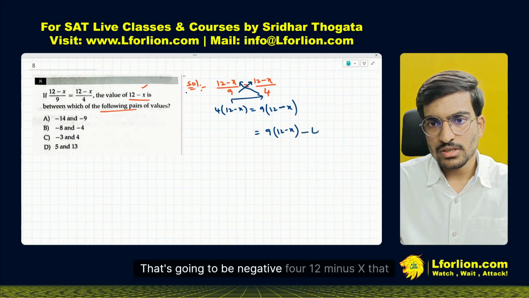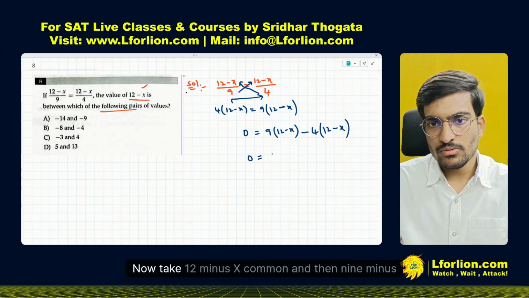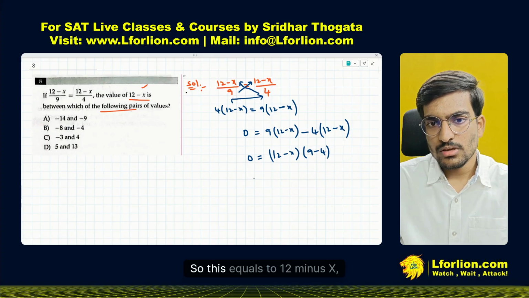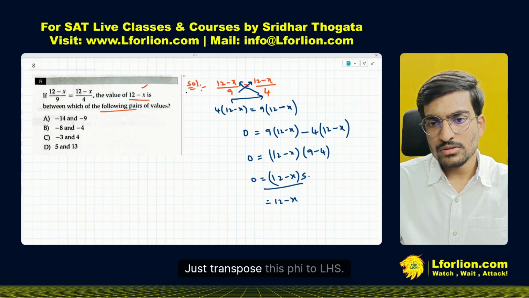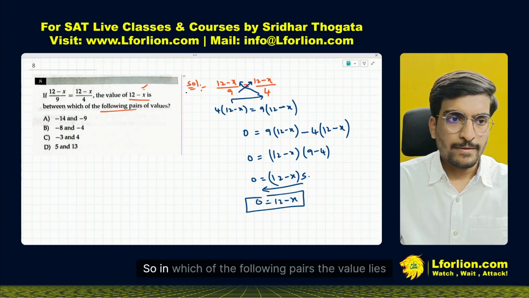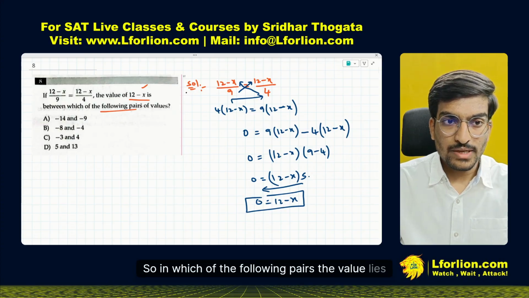That's going to be negative 4(12 minus x) equals 0. Now take 12 minus x common, and then 9 minus 4. So this equals (12 minus x) times 5. So 12 minus x directly equals 0. Just transpose this 5 to the LHS. So the 12 minus x value is 0. So in which of the following pairs does the value lie?